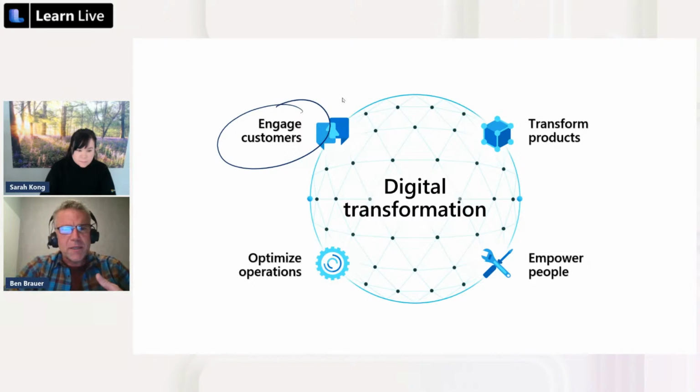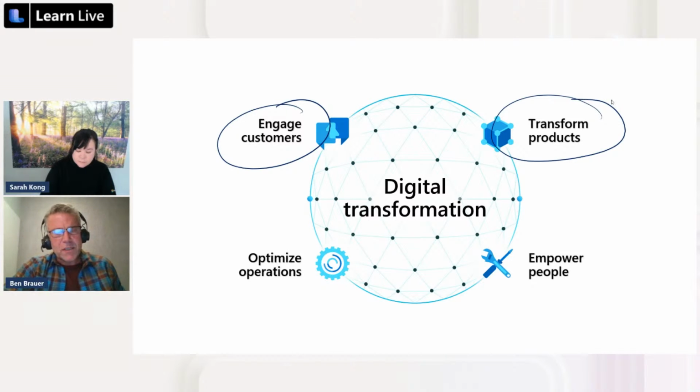On the other hand, you may be interested in transforming a product. You might be in a manufacturing industry where you have a manufacturing process that has been, let's just say, antiquated. You may want to use an IoT solution, attaching Internet of Things devices to get more telemetry data that makes the process better, and thus transforms the product.